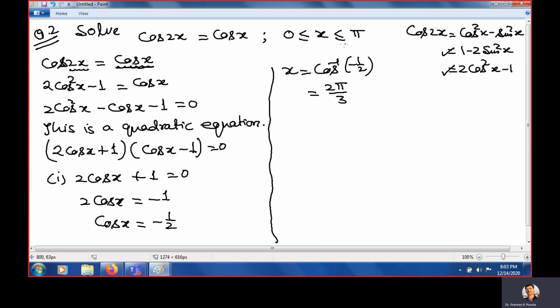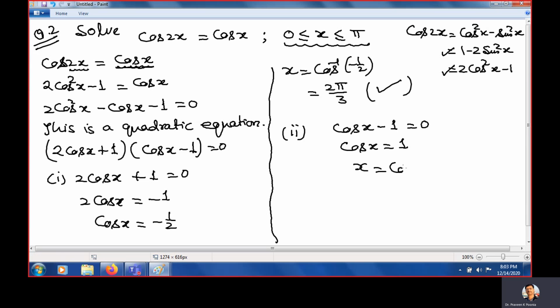And 2π upon 3 lies in this interval, so this is a correct solution because it lies in this interval. This is number 1. For number 2, it is cos x − 1 = 0. Another solution: cos x is equal to 1 and x is equal to cos inverse 1.